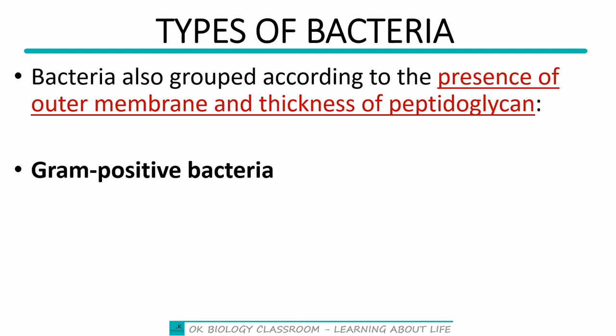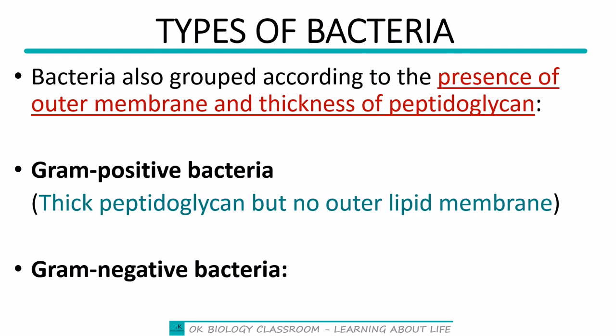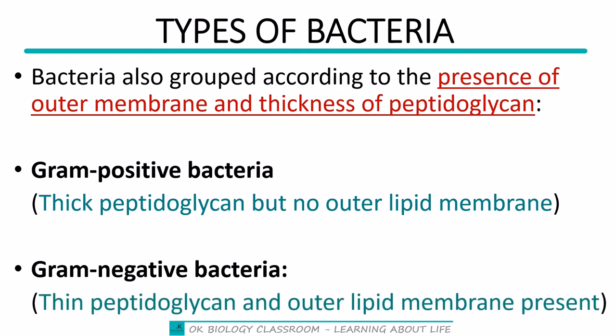One of them is gram-positive bacteria. And gram-positive bacteria, they have thick peptidoglycan, and there is no outer lipid membrane. The other type would be the gram-negative bacteria. They have thin peptidoglycan, and there is an outer lipid membrane present in them.